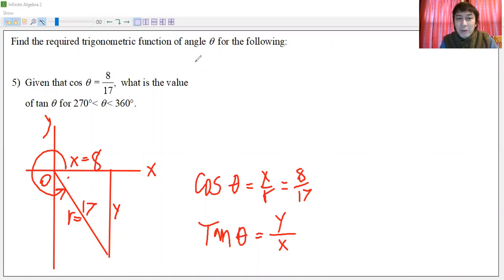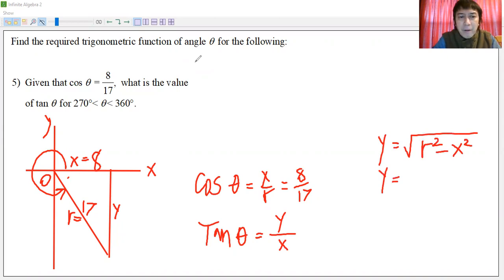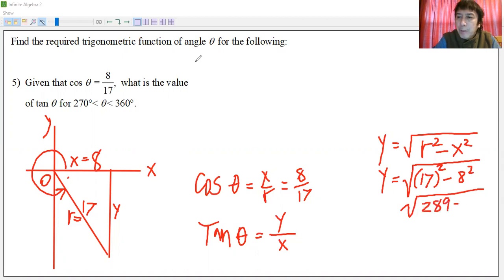So we shall solve for the y first, and we will have y equal to the square root of r squared minus x squared. So this is 17 squared minus 8 squared under the square root sign. 17 squared is 289, and then minus 8 squared, which is 64.